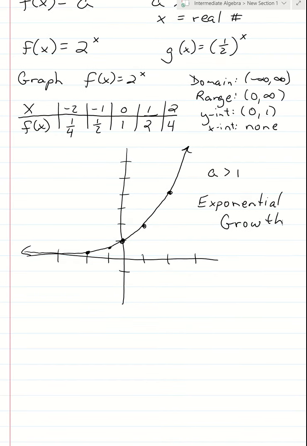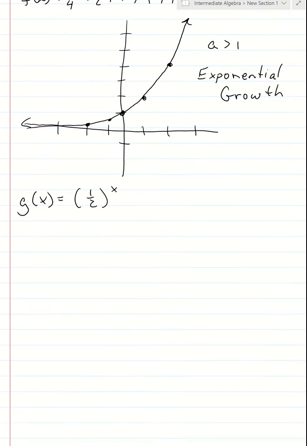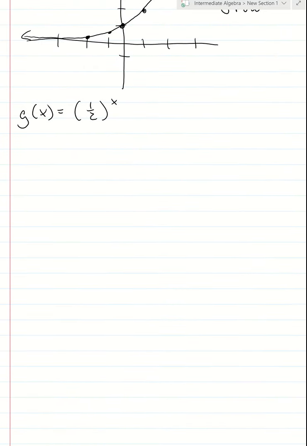Let's take a look at the graph of the second function, g of x. In g of x, now we have this 1/2 to the x power. And once again, I'm going to use the same exact table, x and g of x. And once again, I'm going to come up with 5 values of x.